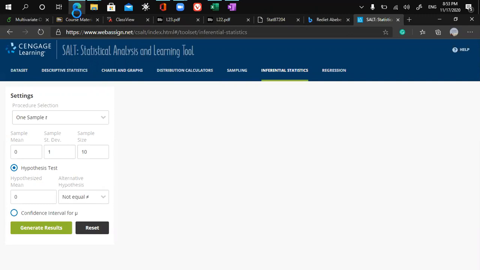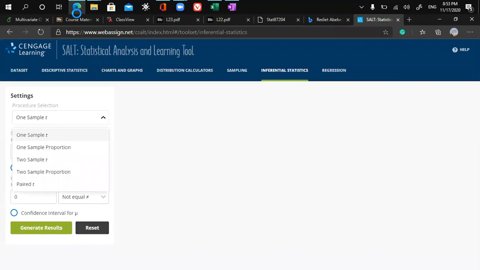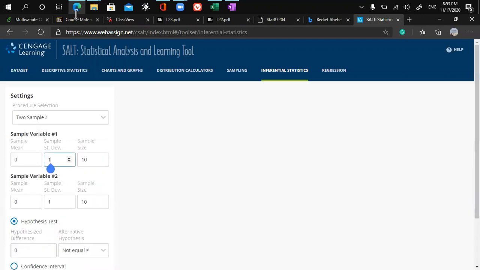And here you go to inferential statistics, and here you choose which method you are dealing with. So you have one sample t, one sample proportion, two sample t, two sample proportion, paired, and so on. In this case, our test is the two sample t. Therefore, here it's asking us for the information about the first sample, and then here we have the information for the second sample.